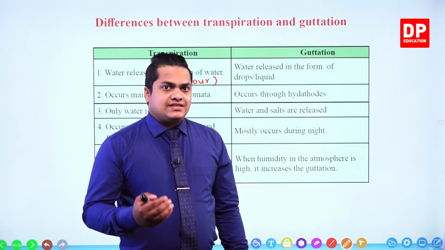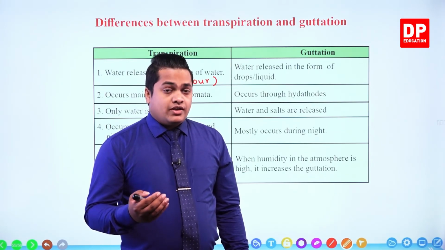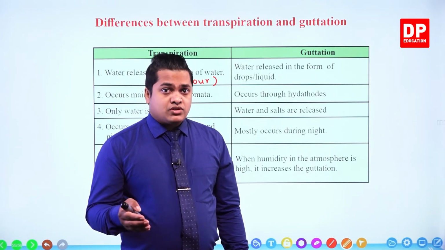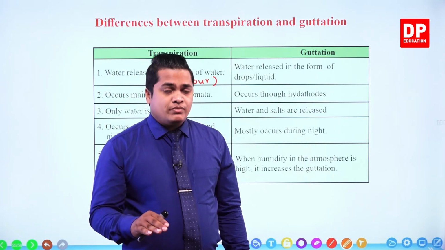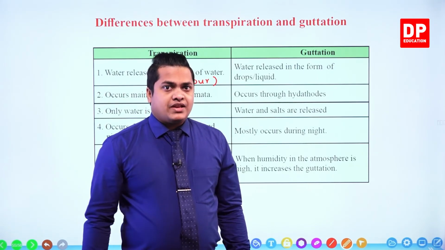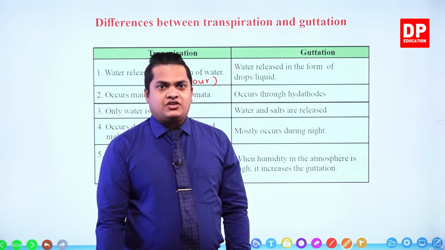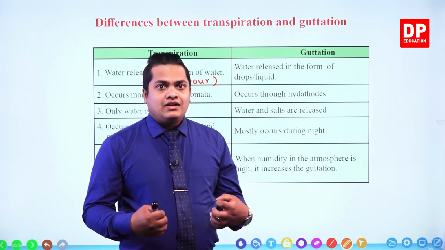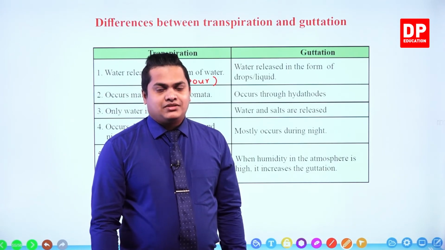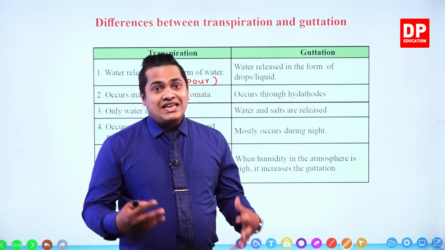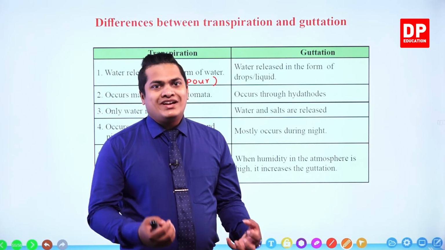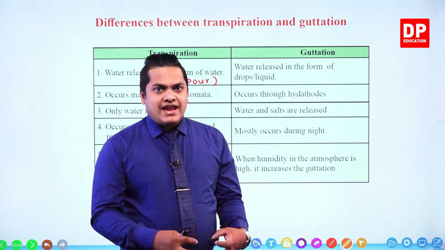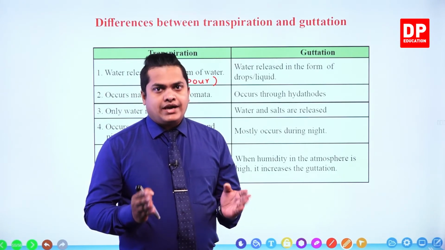So if there is a smaller number of water particles within the atmosphere, means if there is less humidity, the rate of transpiration is good because there is plenty of sunlight and temperature within the environment. In a sunny day, humidity is low. In a windy and rainy day, humidity is very high.